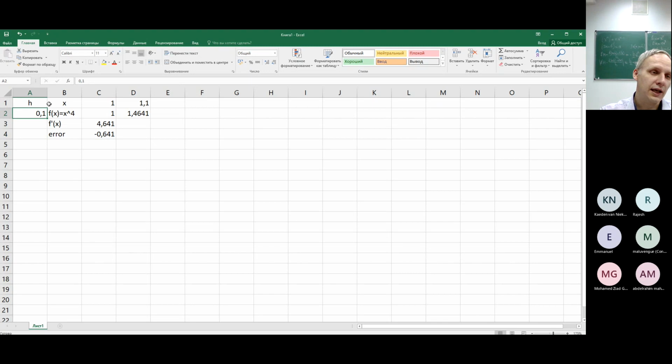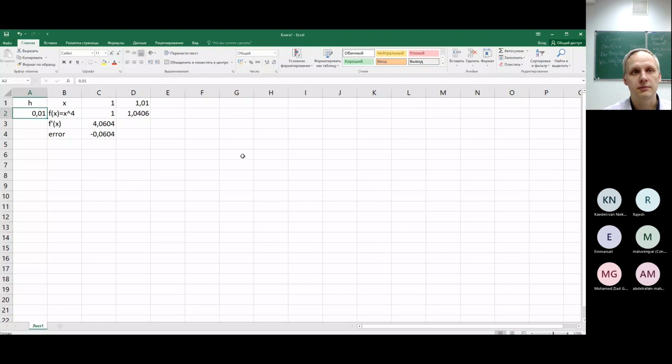But let's look at the error when I decrease the step. Let's take step equals to 10 power minus 2. In this case, the error becomes 10 times smaller, minus 0.06.